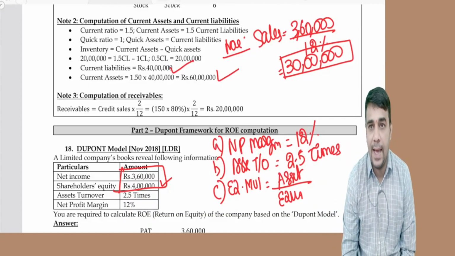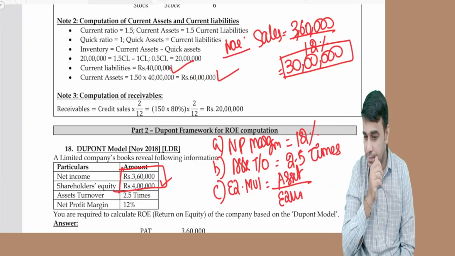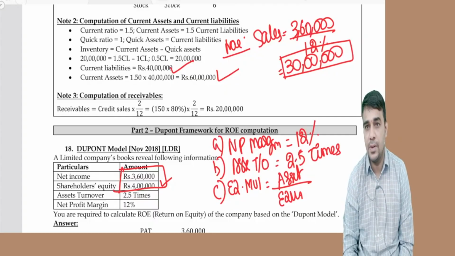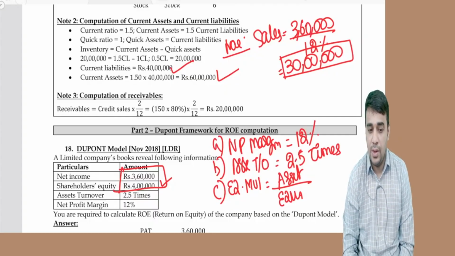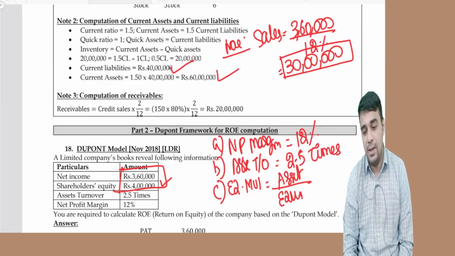Sales is 30 lakhs. Asset turnover will give you the asset figure, and then I do asset by equity, and then I multiply the 3. 90% is the answer.